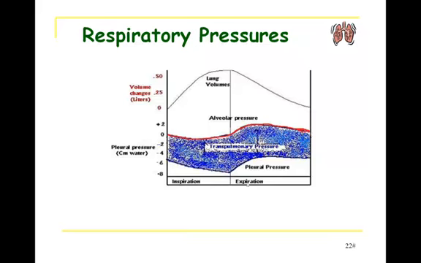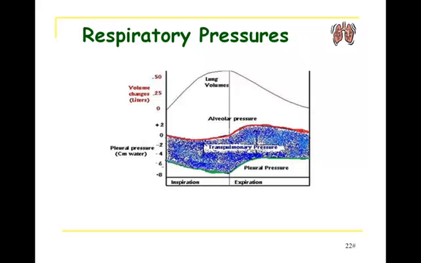So then what happens with pleural pressures? Pleural pressures, which I'm drawing in green, start here after a normal expiration. You notice again pleural pressure is less than alveolar pressure. It's always less than alveolar pressure. Under normal conditions of respiration, it is negative. Okay, so we have a negative pleural pressure.